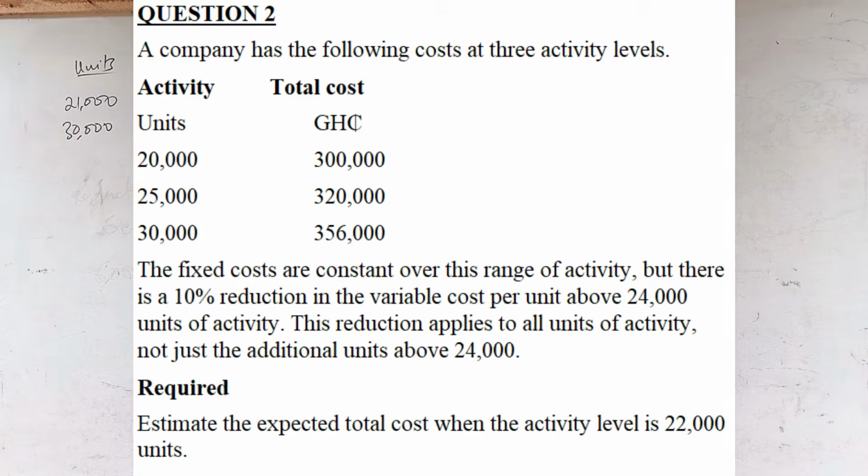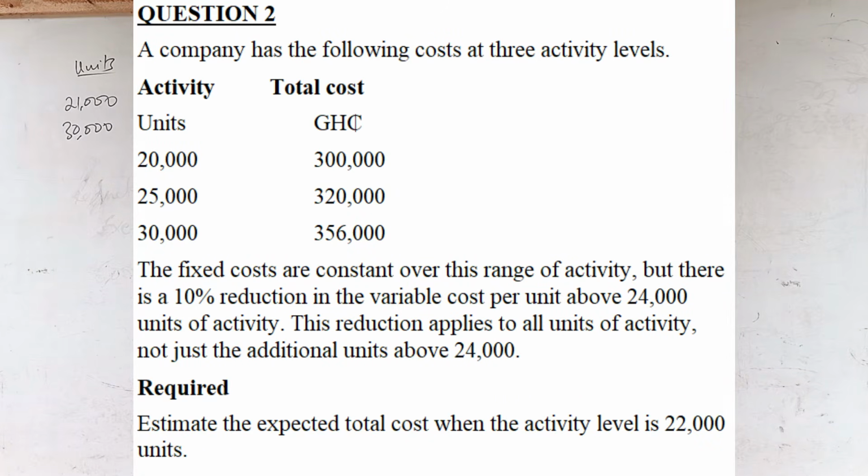A company has the following cost at 3 activity levels. So we have activity and total cost. We have 20,000 units and the total cost is 300,000 Ghana cedis. We have 25,000 units at a total cost of 320,000, and we have 30,000 units at a total cost of 356,000.